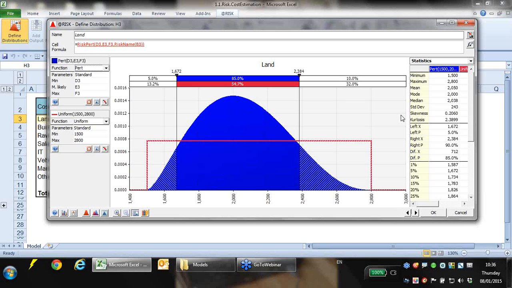The uniform distribution approximates the RAND function within Excel, and you can hopefully see that with this, if we take a sample from here, from here, from here, the samples are just as likely to come from anywhere on the graph as another place.